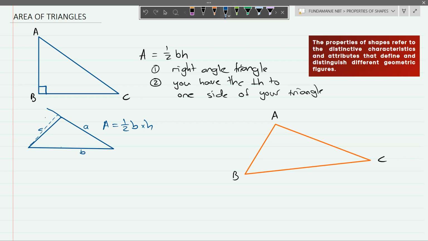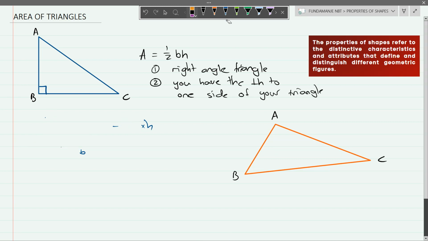So this would be our perpendicular height over here. So just make sure whichever side you choose that you have the corresponding perpendicular height coming out of that side. So you have the, maybe let me write that out, perpendicular height.